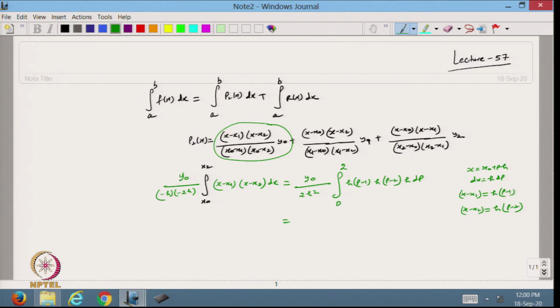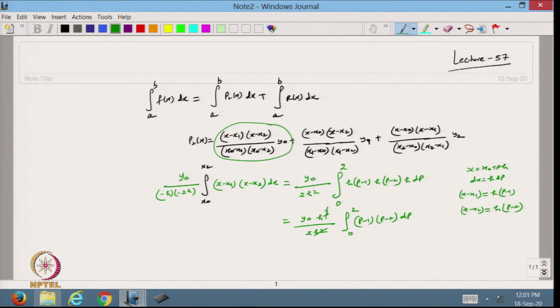So, from here I will get y0, h and h. This h I can take common. So, I can write h cube by 2h square, from 0 to 2, (p minus 1)(p minus 2) dp. This integration I need to find out.